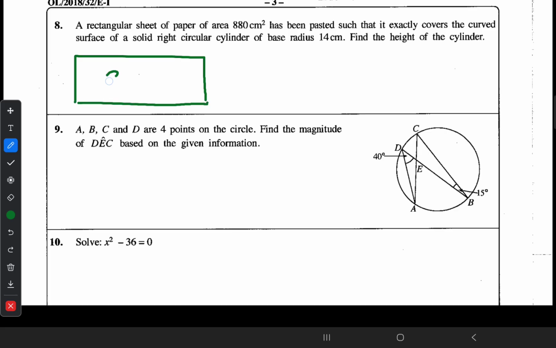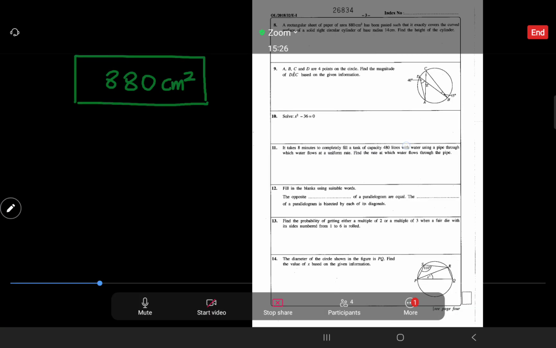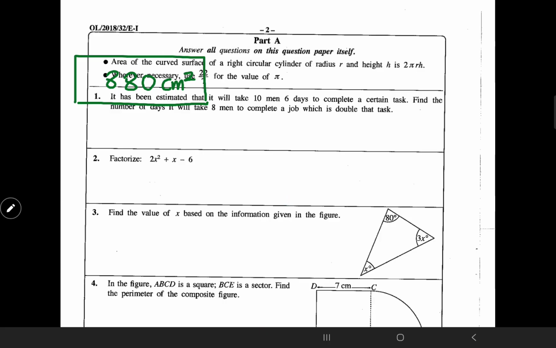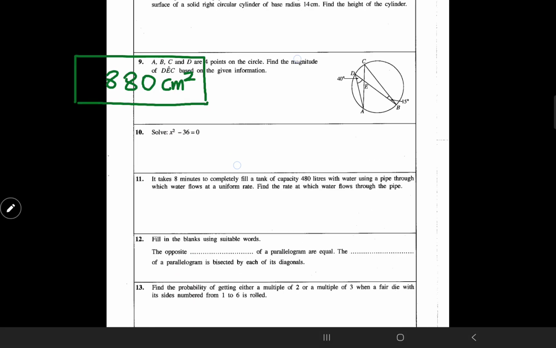We know the area of the rectangle is 880 square centimeters, and the radius of the cylinder's base is 14. By using that, you have to find the height of the cylinder. In the initial part of this paper, in the instructions, we have the relevant formula. The area of the curved surface of a right circular cylinder of radius r and height h is 2 pi r h. So we can apply that formula here.